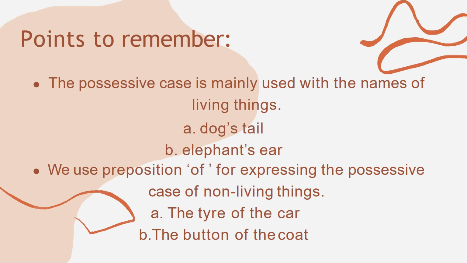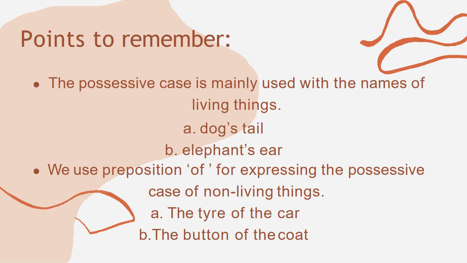So here what we learned is that we add apostrophe s to the living things to show the possession, while in the case of non-living things, we will simply add of as a preposition. And of will be added before the noun.